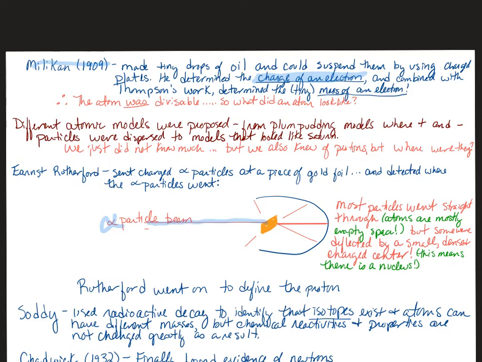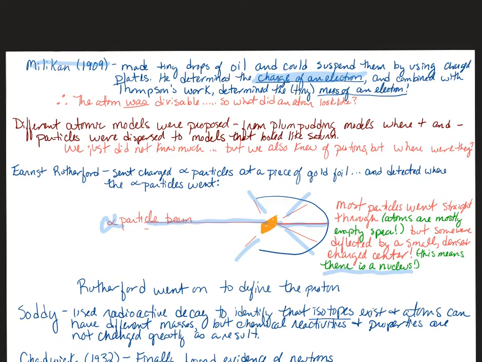And what he found is that most everything went straight through to the other side. But every once in a while, one shot off to the side, suggesting that it hit something that was a really hard center.